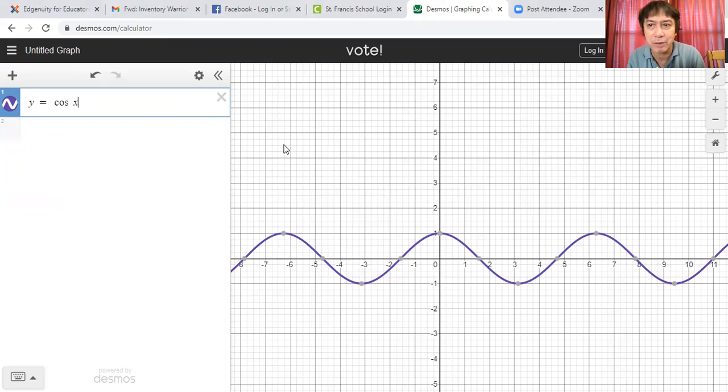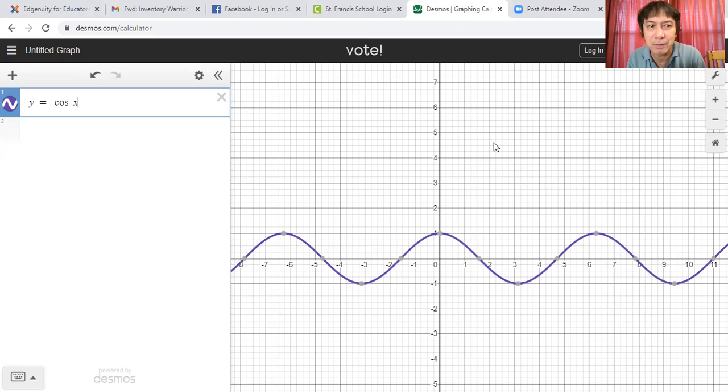So this cosine graph is symmetric with respect to the y-axis. Again, this is line symmetry.